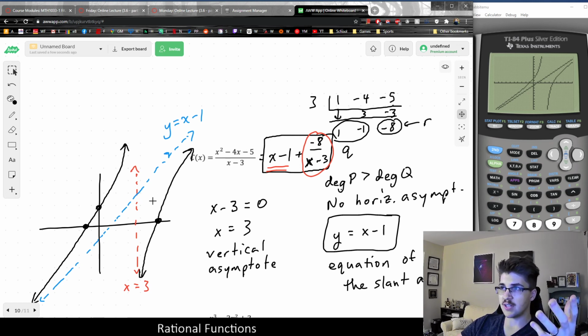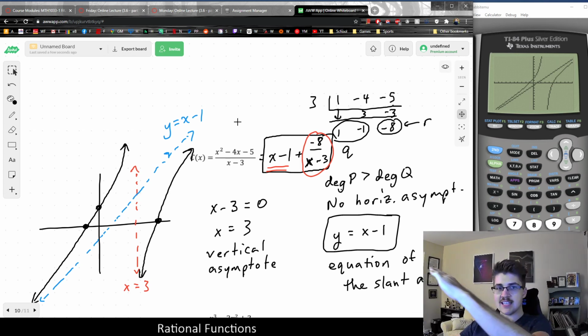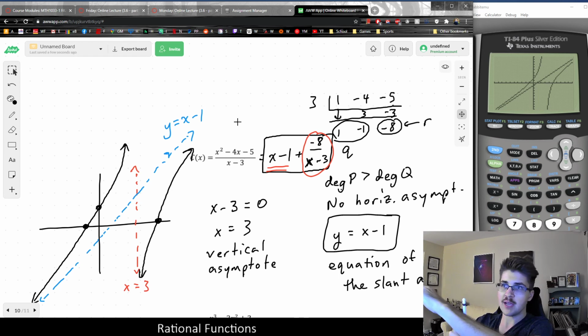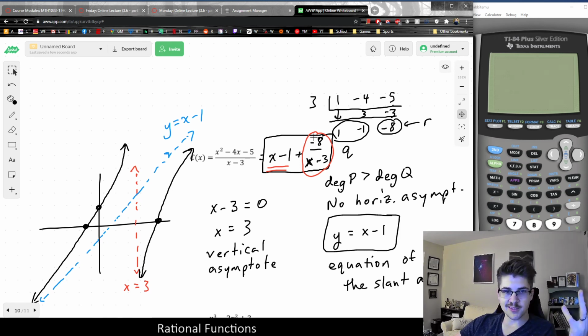We still have this vertical asymptote at 3. So I imagine it as a function that is just a line like this, but we're chopping it right at 3, and that's what causes this gap and break in the curve, because it wasn't divisible. And when it is divisible, that asymptote just won't happen, and you'll have instead what we call a hole.